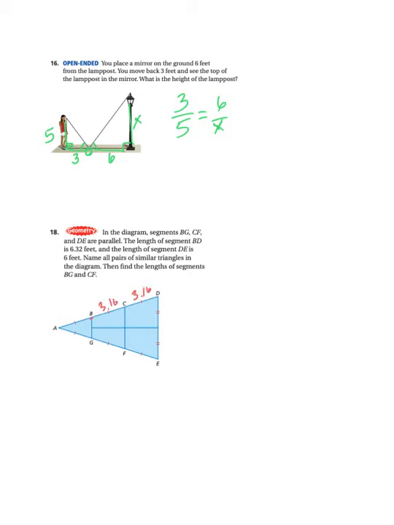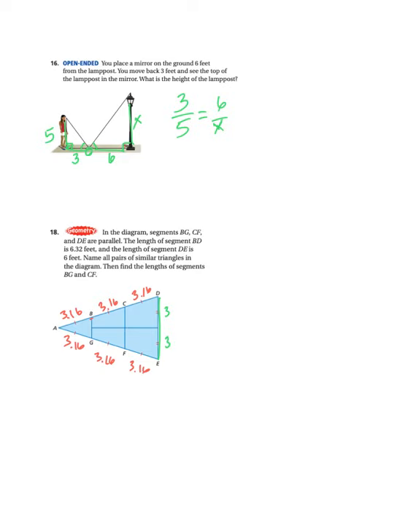And anytime we see that one dash mark, like here, here, here, and here, these measurements are all the same. Okay, then we're also told that the length of segment DE is 6 feet. So if this whole length here is 6 feet, then each of these must be 3 feet.